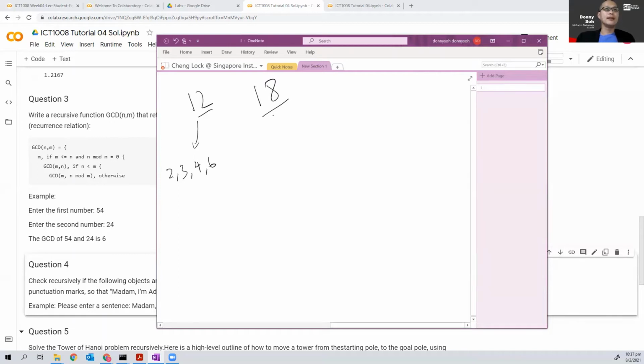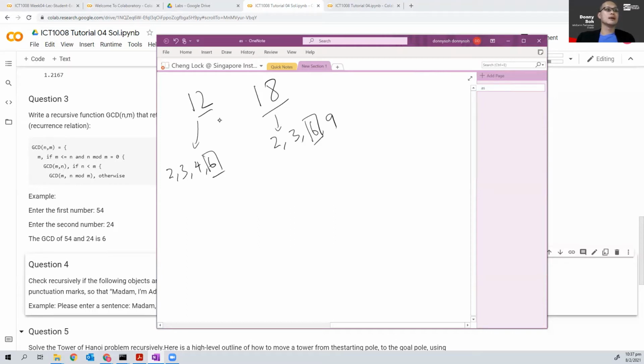And for 18, it will be 2, 3, 6, and 9. In this case, the greatest common divisor between 12 and 18 will be the number 6. Okay? So this is what the GCD means.